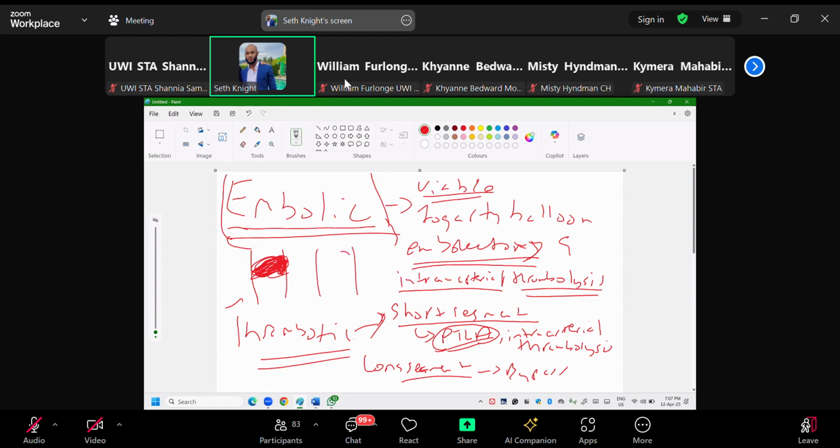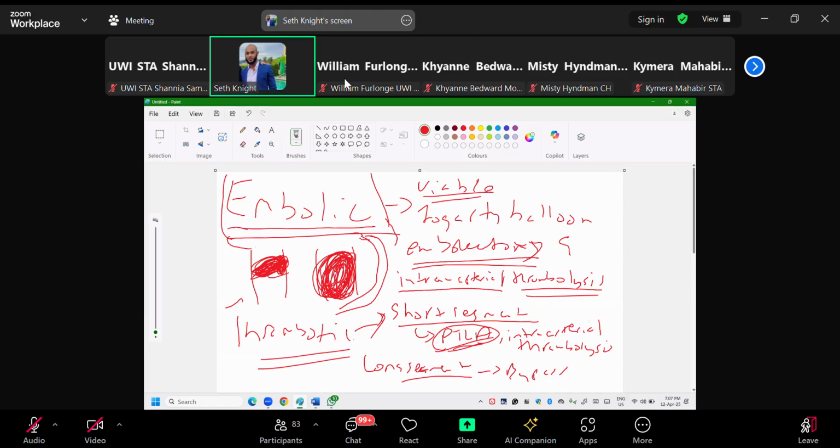Long segment is this whole thing clotted up here. That might be too big a clot to break up. So we'll just take our vessels and bypass the clot. A bypass surgery. So PTLA in the setting of a short occlusion, we could just break up the clot with transluminal angioplasty, stenting and angioplasty.